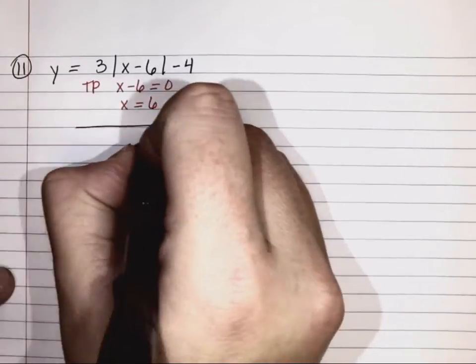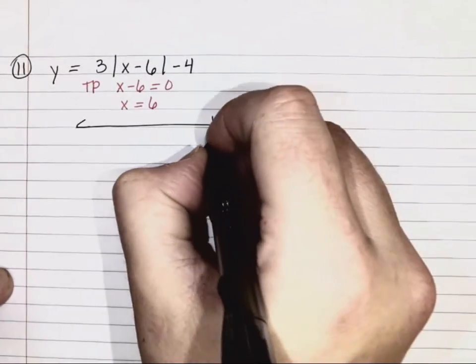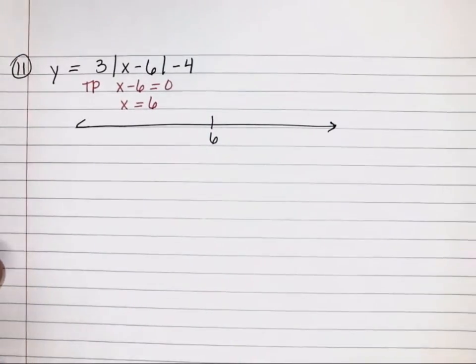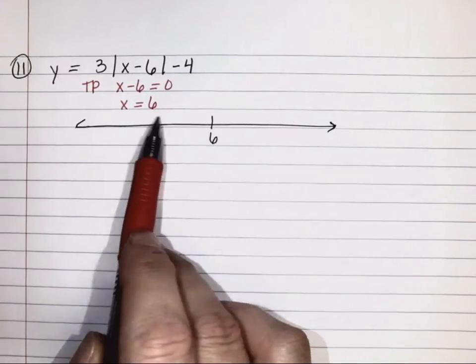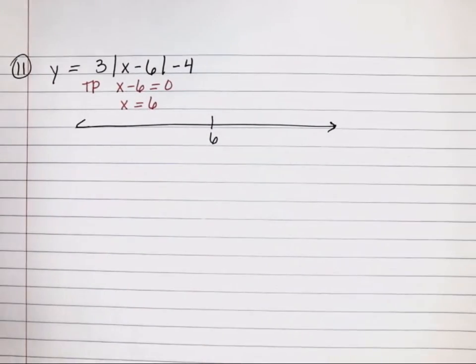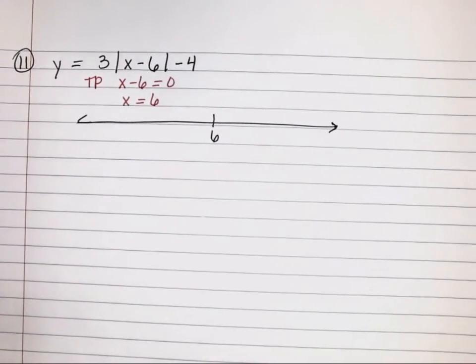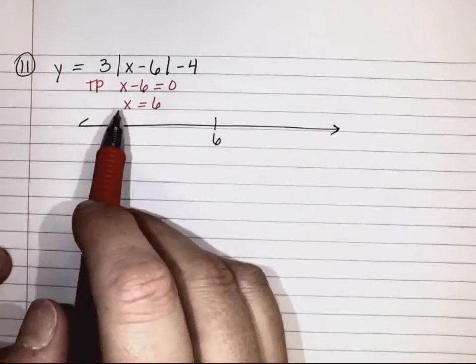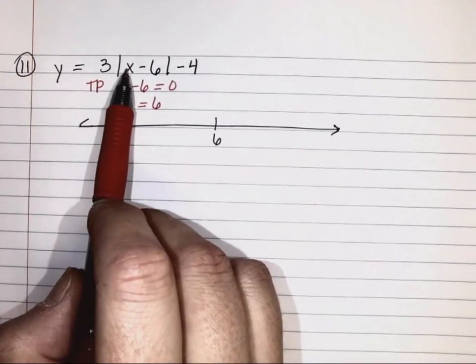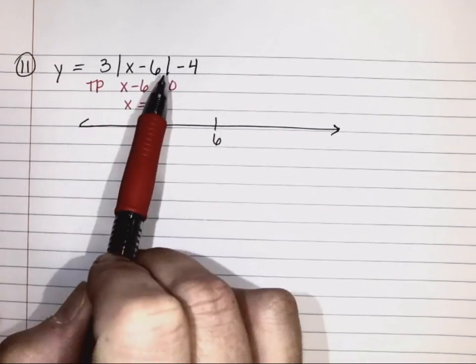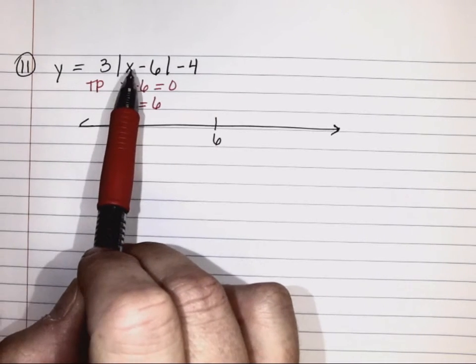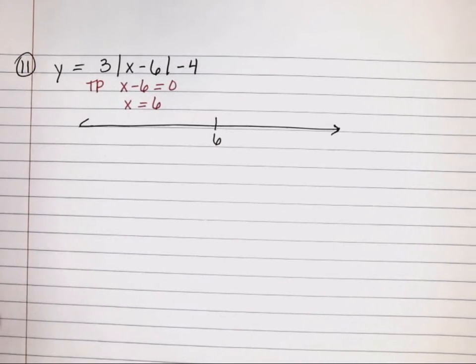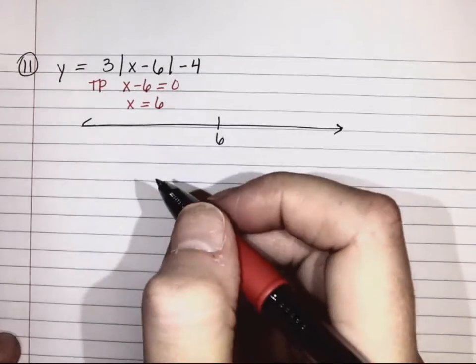Then you can sketch a number line if you want to. Put your turning point in the middle. Anything to the left of 6, such as 0, -1, if you plug in negative numbers or anything less than 6, what would happen to the inside? It would become negative, right?